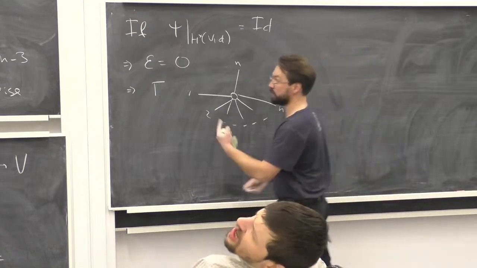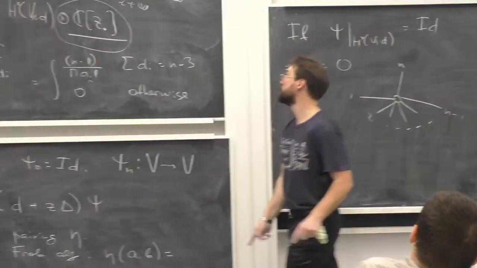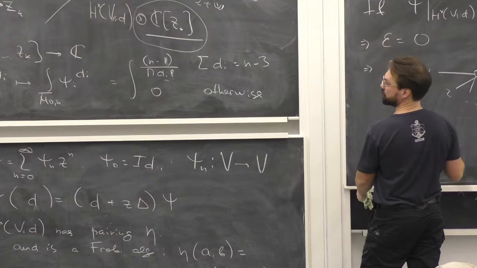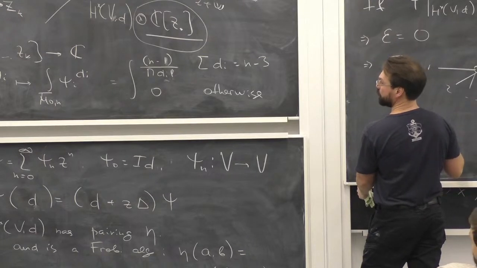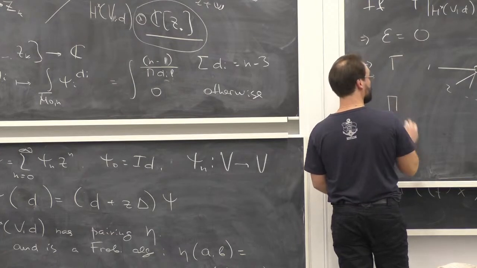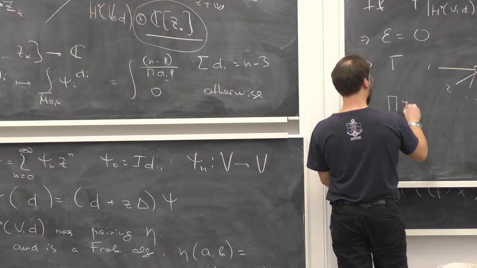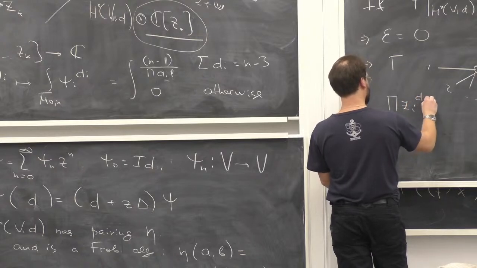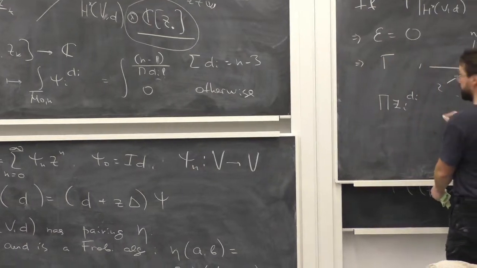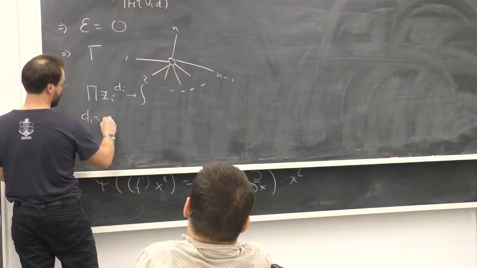And this operation says that finally we will compute this map with all the d's equal to 0.